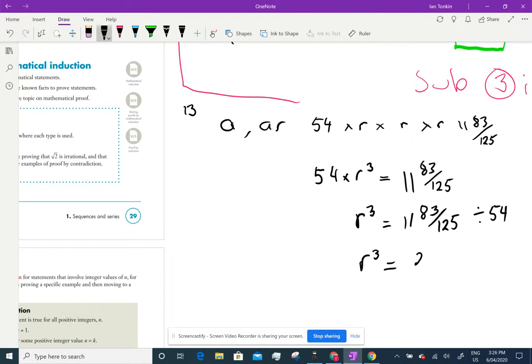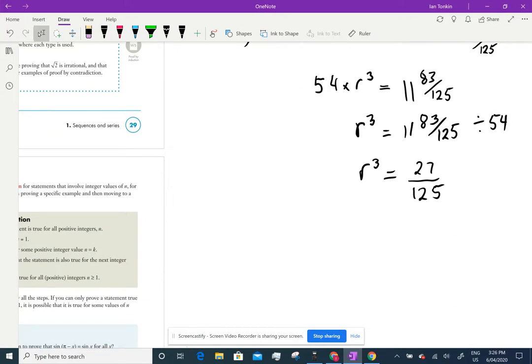I get 27 on 125, and I'm feeling pretty good now because I know the cube root of 27 and the cube root of 125. So if I cube root that, I know it's going to be 3 over 5. And there's only one answer because there's only one when you get a cube root.